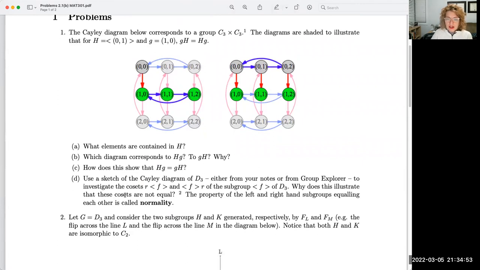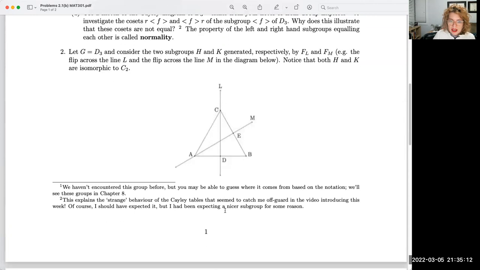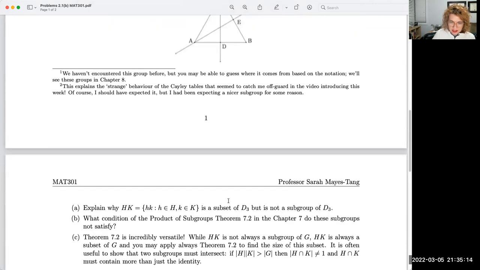And then in the last part, you want to look at group explore to do something similar with your own group. In this case, you're exploring some groups that you get from this diagram. And the key thing here is that you want to look at a product.